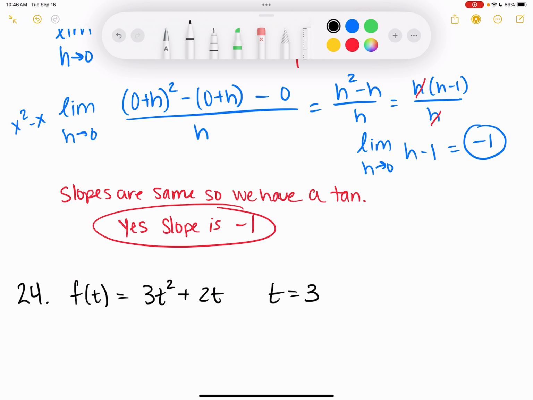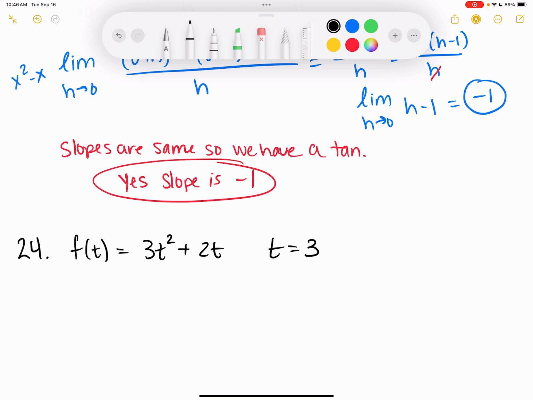Well, they changed the letter. So the other one was a plus h. Technically, this one is the limit as h approaches 0 of f of t plus h minus f of t over h, because t is dealing with time.